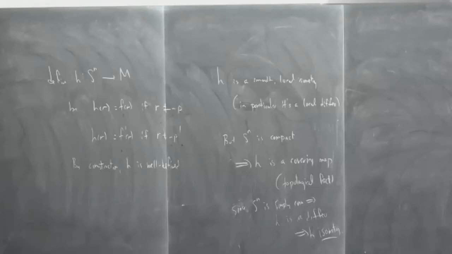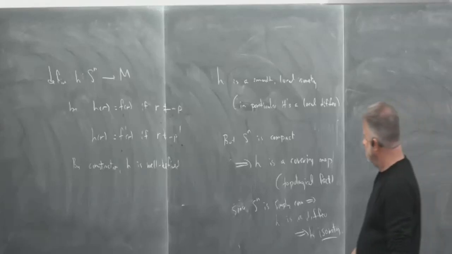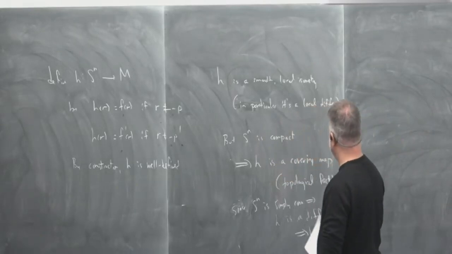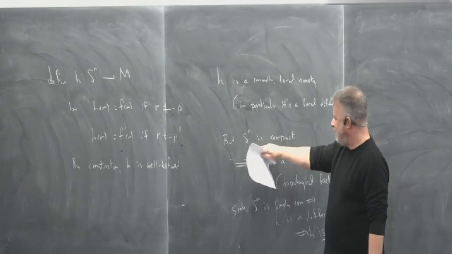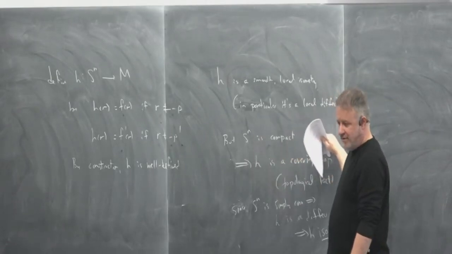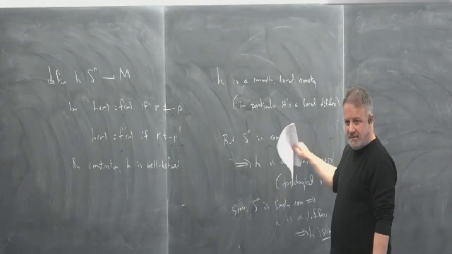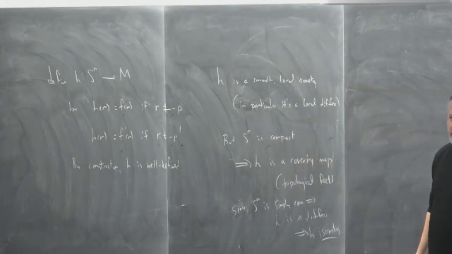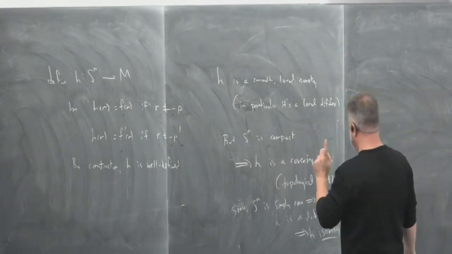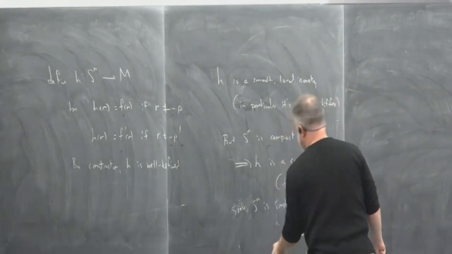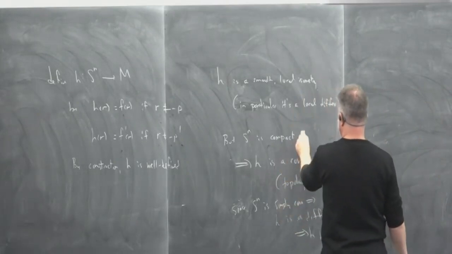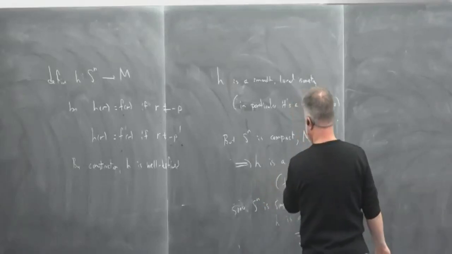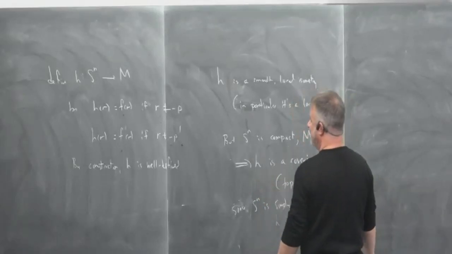Okay, yes. No, we don't. The statement is that if you have a local diffeomorphism from a compact space to another space, then it's a covering map. Oh, no, sorry. No, you're right. Thank you. You're absolutely right. Sn is compact and M is simply connected. What am I doing?